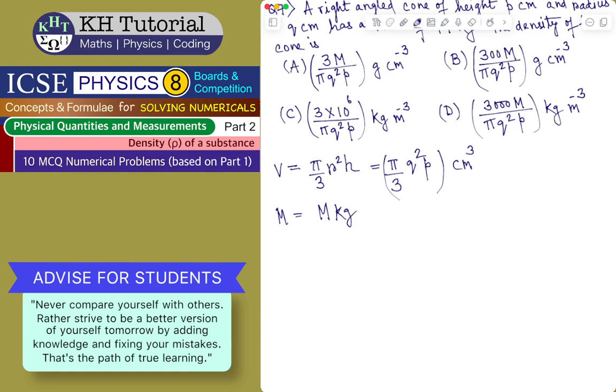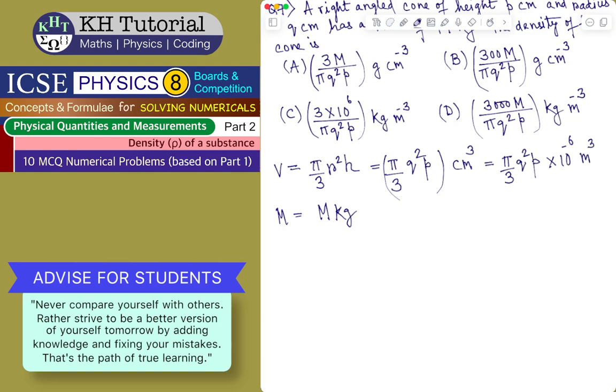We have found the volume in centimeter cube. If I want to convert the volume to SI unit, this will be pi by 3 q square p, and 1 centimeter cube is equal to 10 to the power minus 6 meter cube.